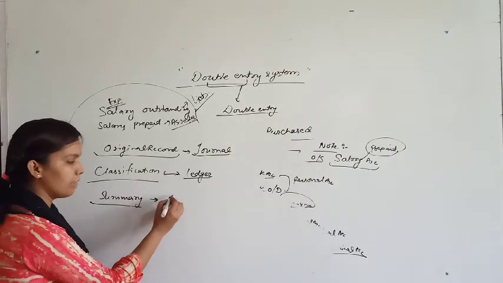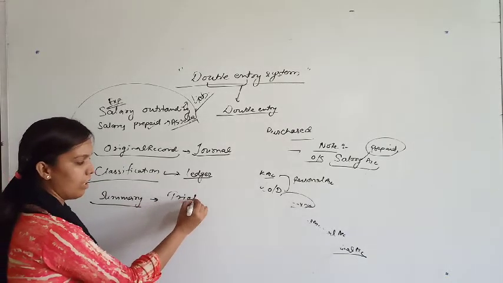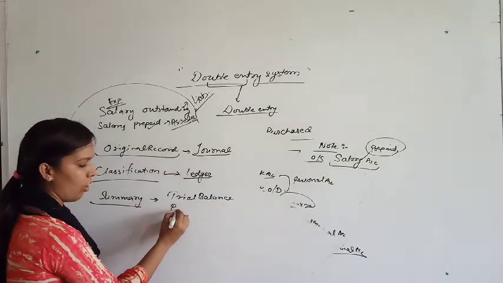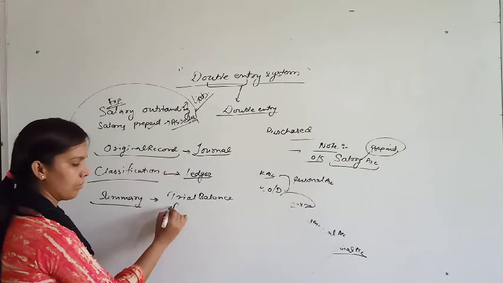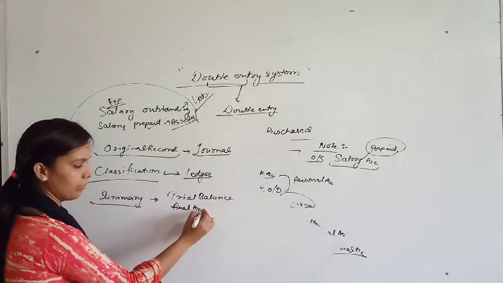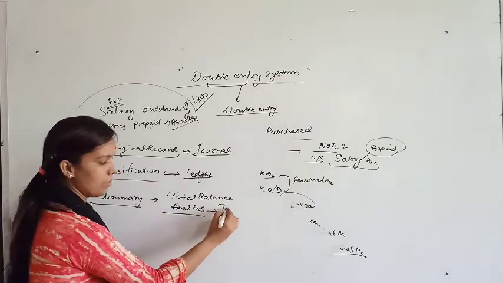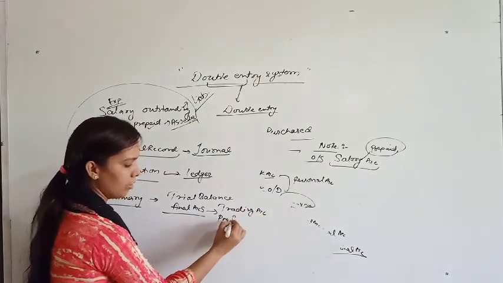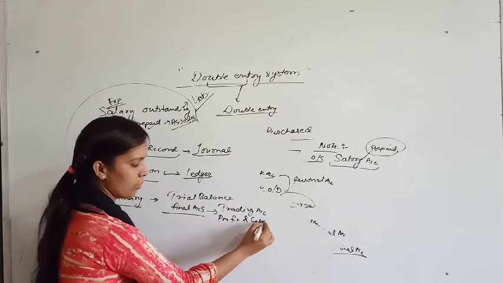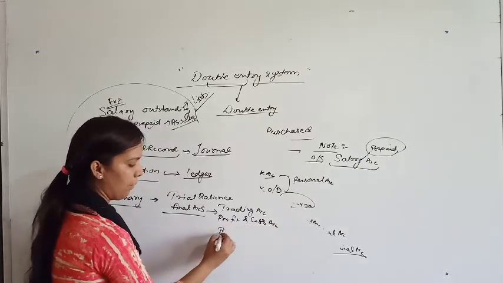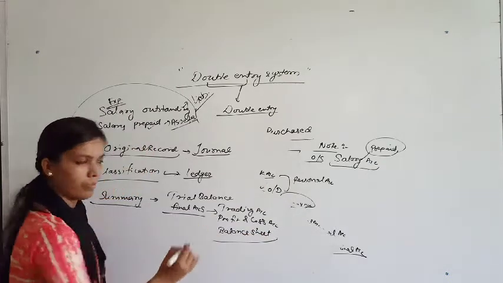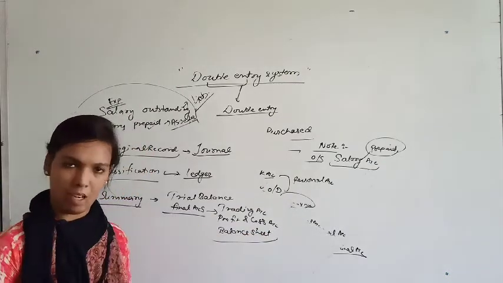Then it can be found by trial balance or final accounts. Final accounts means in this we will include trading account, profit and loss account, and balance sheet. This will be termed as final accounts.